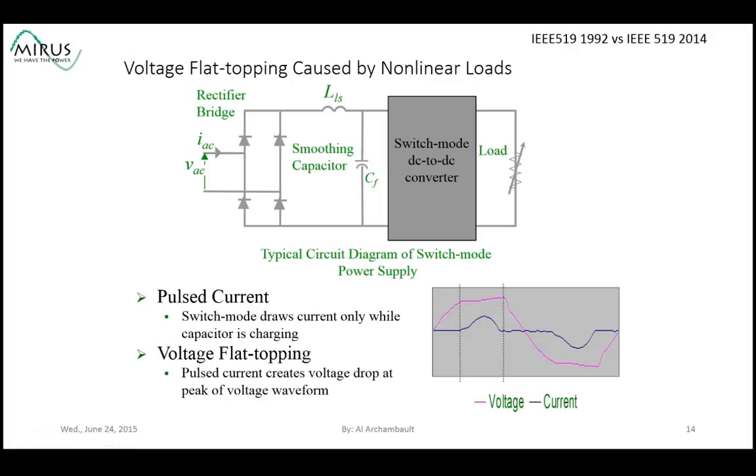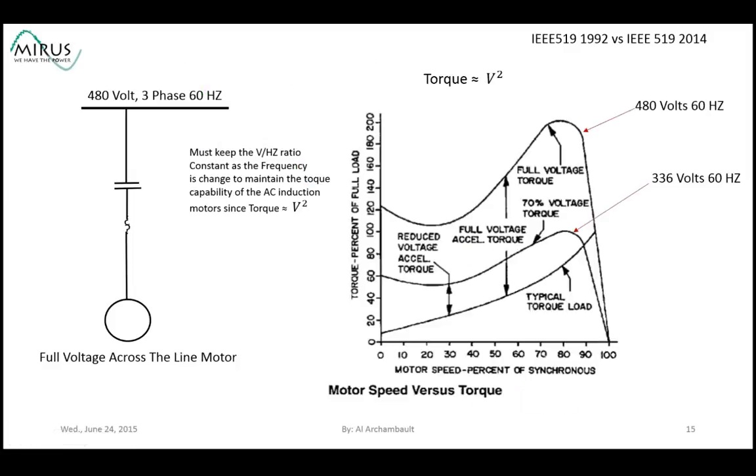The other thing that pulsing currents do that's negative is that they have to travel through impedances in the electrical system. So you have a transformer in your building. This is a picture of a switch mode power supply.